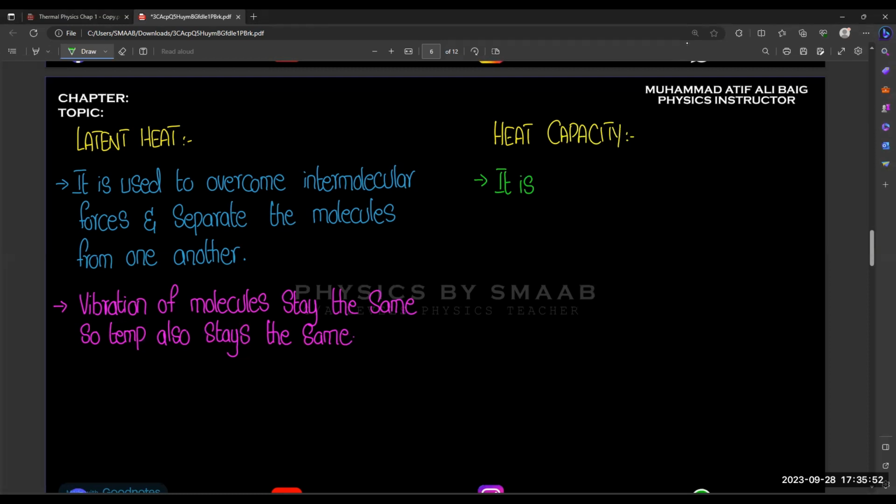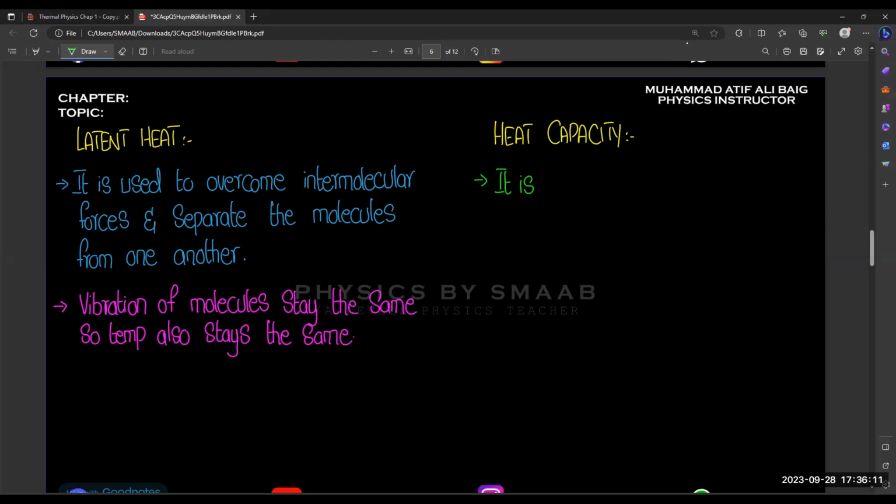There is another concept related to heat capacity that we discuss after this one, known as specific heat capacity. In that concept, we include the quantity of mass, right? So that will further specify that specific heat capacity actually depends upon the mass.